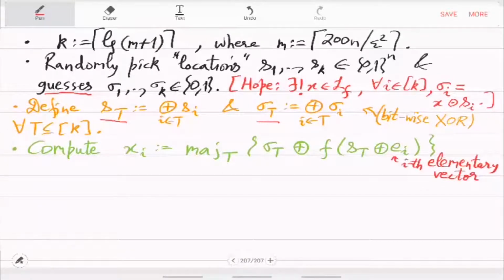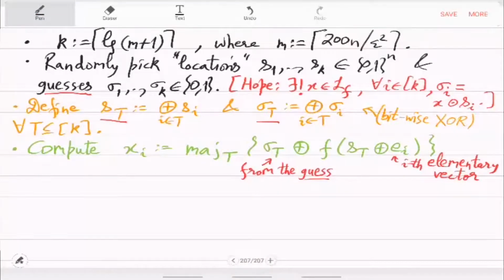This you have already seen in the local decoder of Walsh-Hadamard. So do the same thing, except the only difference is that sigma_T is not being queried. This is guessed. This is from the guess. And the query is only done on the S_T plus e_i location.